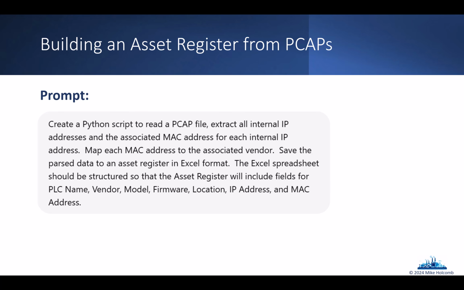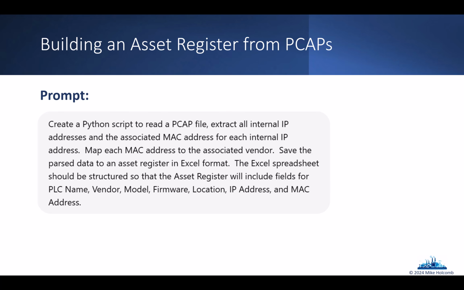So in this case, what we're talking about doing now is using ChatGPT to create a tool to say, hey, I want to create a Python script to read a PCAP, a packet capture we take from sniffing the network.